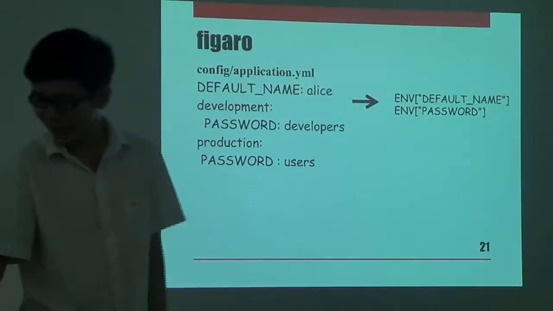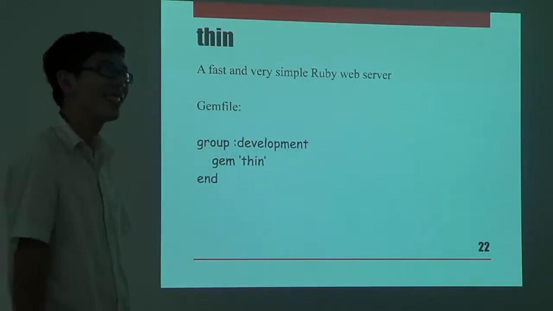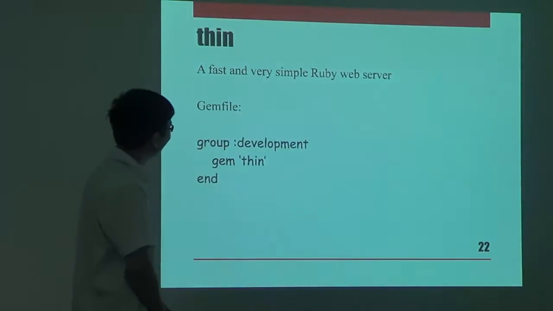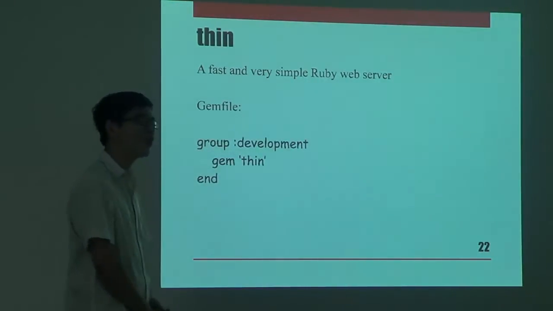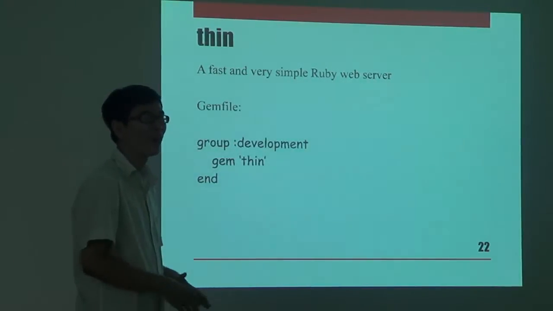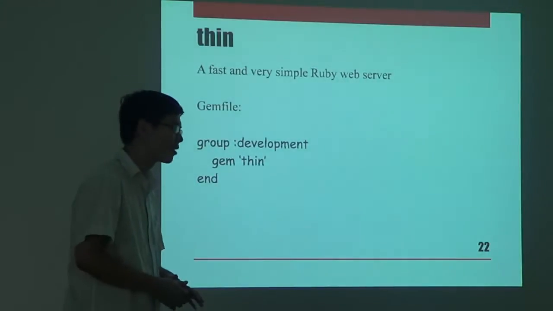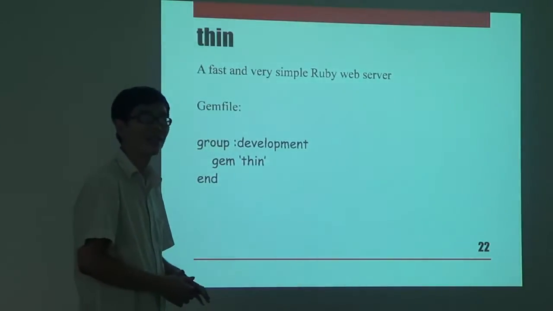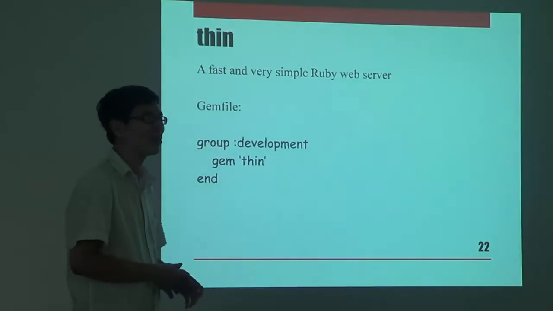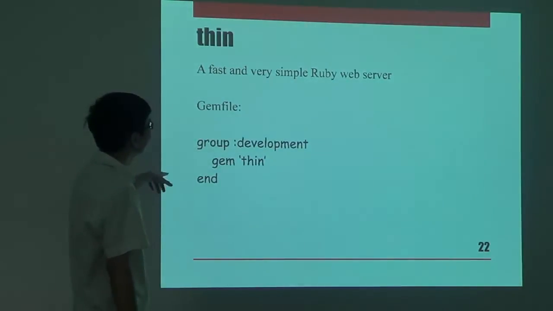Okay. And the next gem that I think is useful is the Thin gem. When you develop in the development environment, the default web server of Rails is WEBrick, which is very slow. It is too slow. Every time you access it, it's very slow. So I suggest that we use the Thin gem.